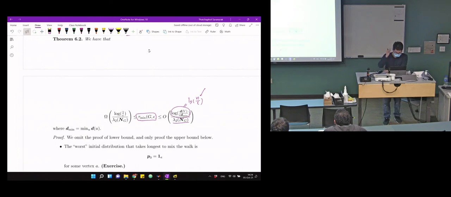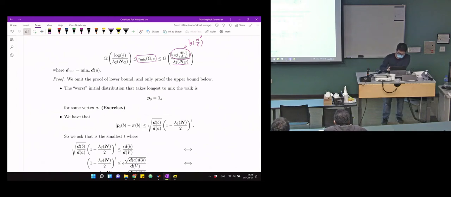And this is nice because sometimes it's easier to think about mixing time than the second eigenvector. Sometimes it's easier to analyze the second eigenvector algebraically, and once you do that, you get mixing time too, right?